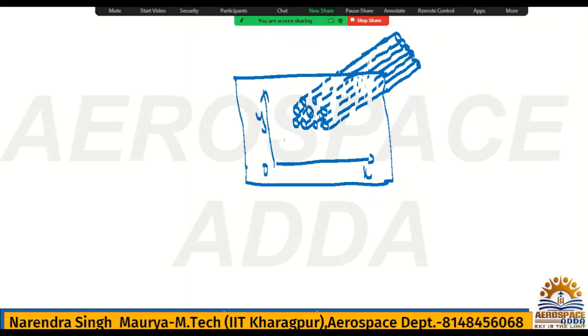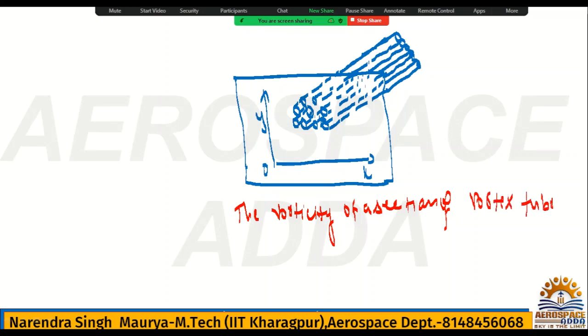Here this will be the vorticity of a section of the vortex tube.